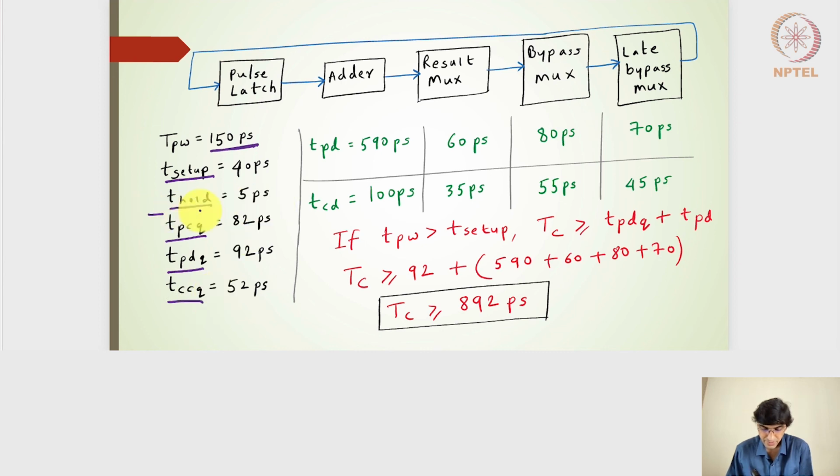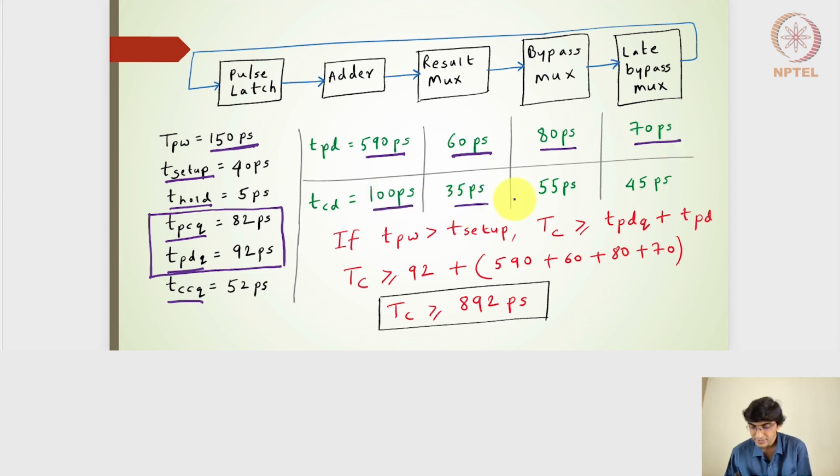TPCQ is 82 picoseconds and TPDQ is 92 picoseconds. We will have a deeper look into this later. T setup time is 40 and T hold time is 5 picoseconds. The propagation delays of the four combinatorial circuits are 590, 60, 80, 70 picoseconds, and the contamination delays are 100, 35, 55, and 45 picoseconds.